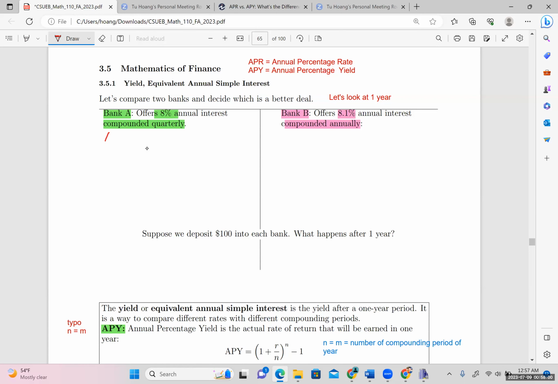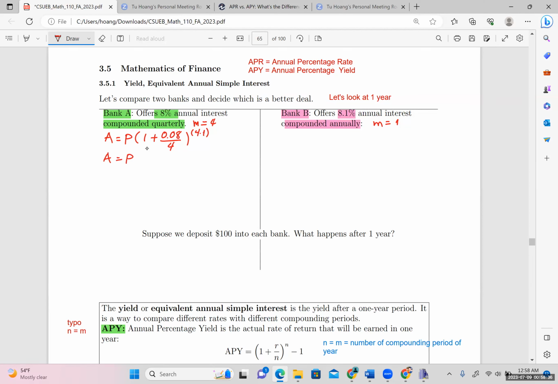Say A equals P times 1 plus 0.08 divided by 4, because quarterly is m equal to 4. This one is m equal to 1. So the power is going to be 4 times 1. Now simplify.